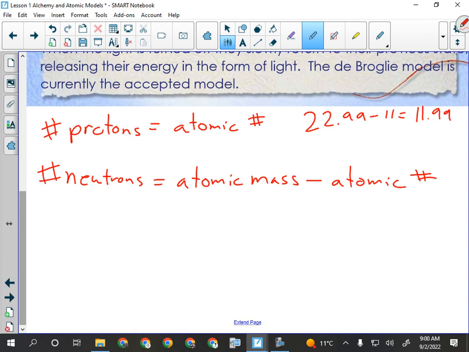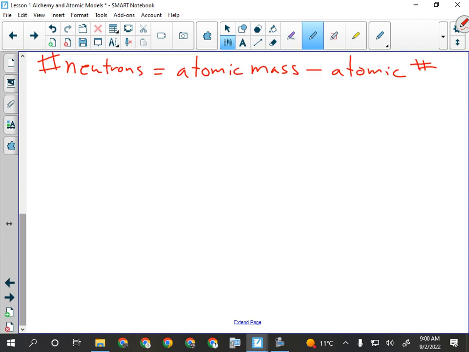All right, so now that we know that, we can draw a picture of what sodium looks like. What I would do is draw a nucleus that contains what two particles? Protons and neutrons. So I have to draw 11 protons.